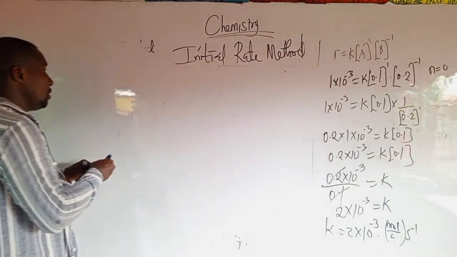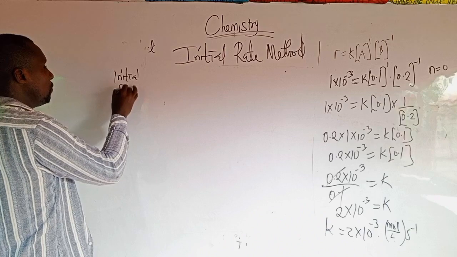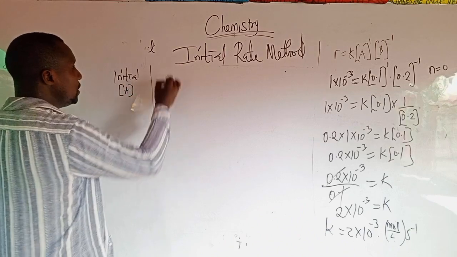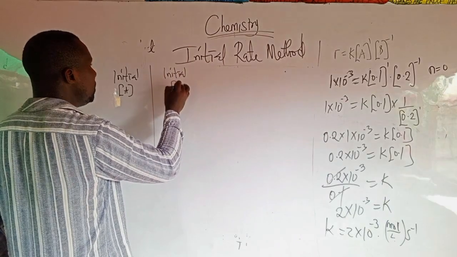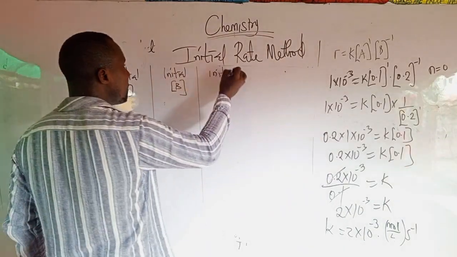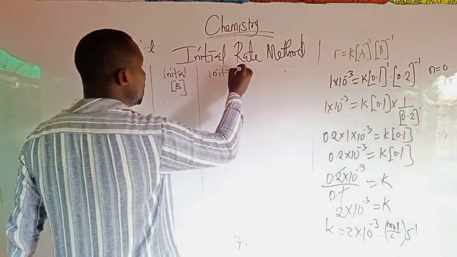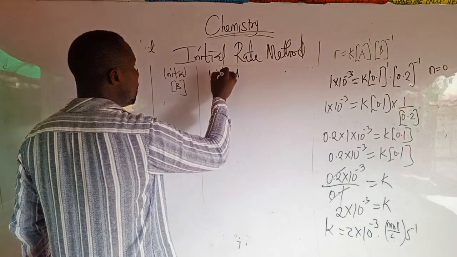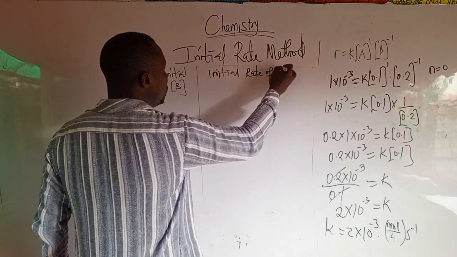We have initial concentration of A, initial concentration of B, and initial rate of reaction.